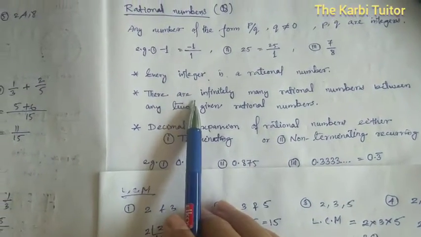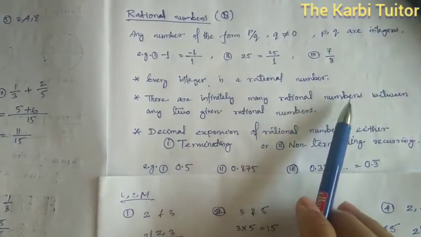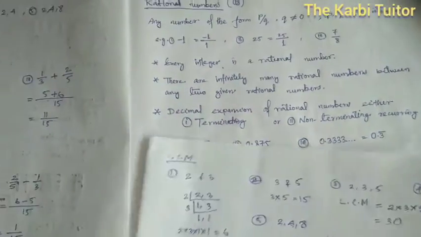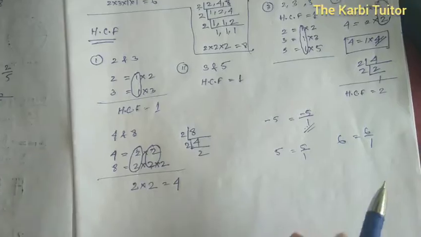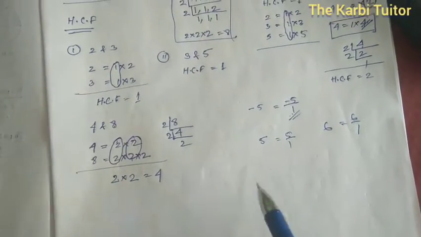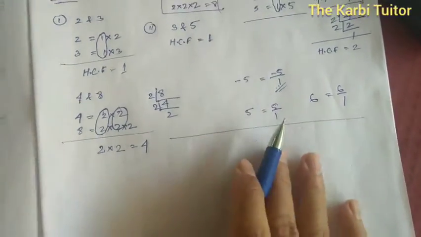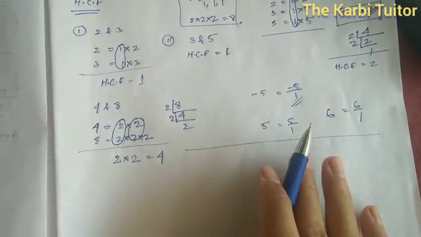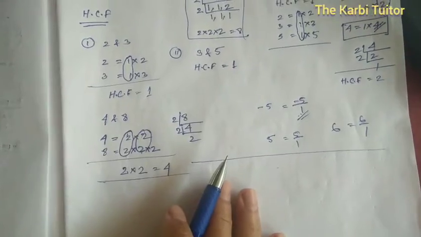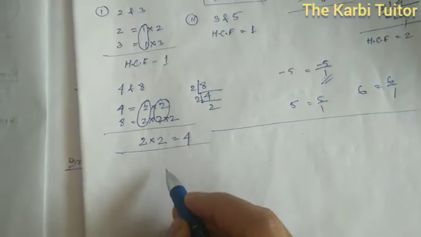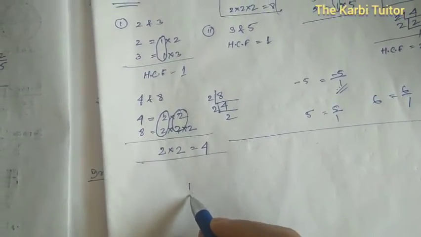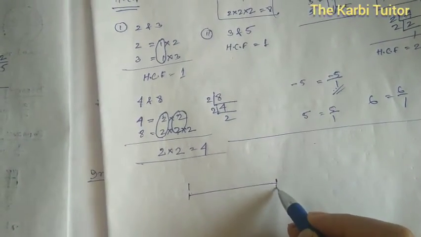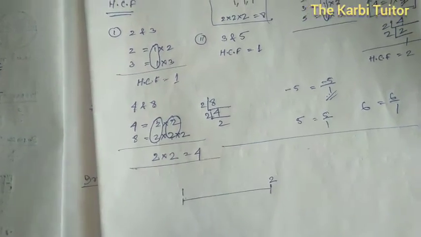Then there are infinitely many rational numbers between any two given rational numbers. Yes, between any two rational numbers there are infinitely many rational numbers. For a simple example, suppose this is a number line, this is 1 and this is 2.